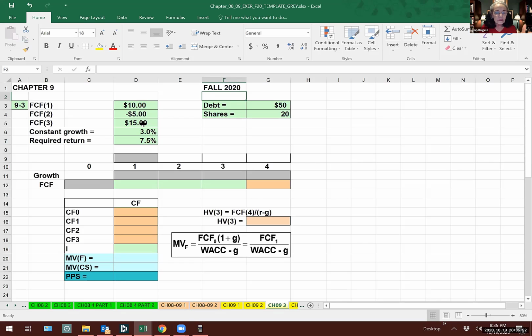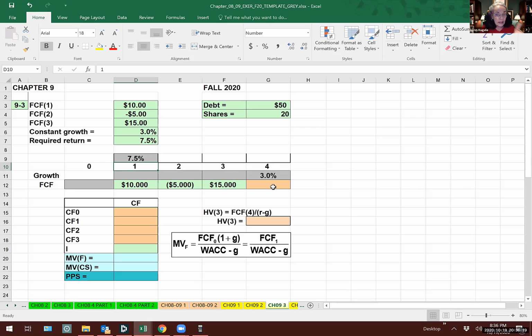They're giving you the dollars. We think free cash flow in year 1 is going to be 10 million or whatever it is, in year 2, it's going to be -5, and in year 3, it's going to be 15. And then we think the growth rate is going to be 3%, and our required return is 7.5.